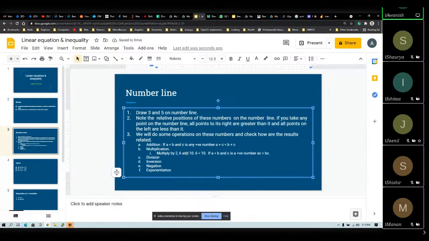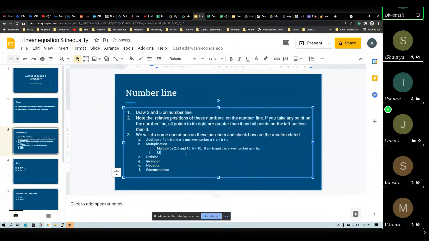Can we say that? Yes, sir, but only for positive numbers will it work, because if we take -2, it will be -6 and -10. So, multiply by -2, it becomes -6 and -10.